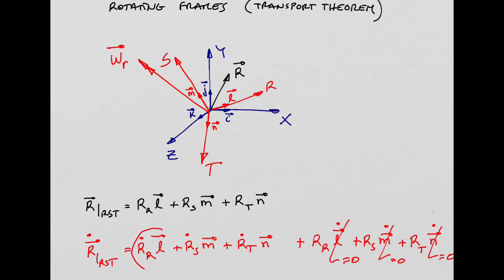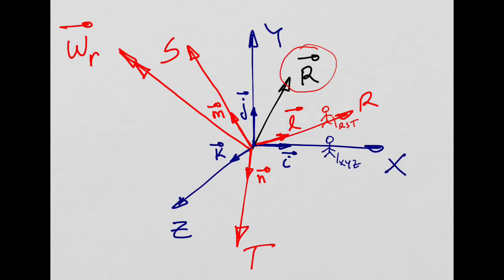Now, looking at this first component, what is changing is the magnitude of the component in the r direction, right? So basically what is changing is this component here, which is r.